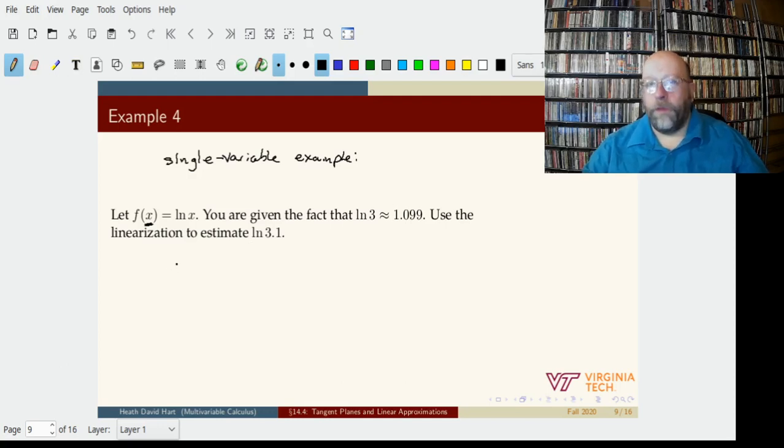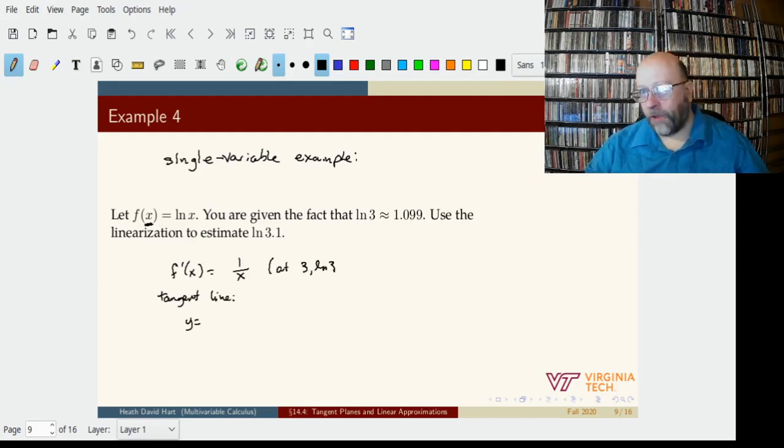So the derivative, f prime of x, is 1 over x. And so the tangent line would be y equals, so we're at the point 3 comma natural log of 3, and the slope would be 1 over 3. So y equals 1/3 x plus b.